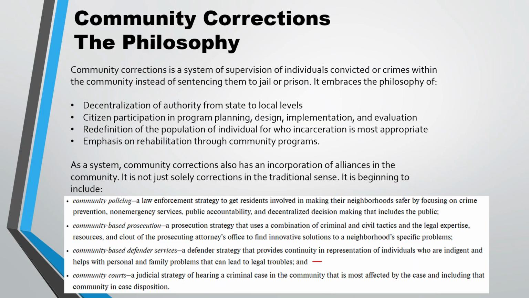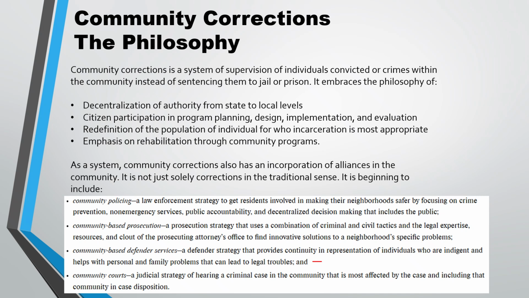Community corrections, the philosophy. Community corrections is a system of supervision of individuals convicted of crimes within the community instead of sentencing them to jail or prison. So, again, it goes beyond incarceration. It includes probation.